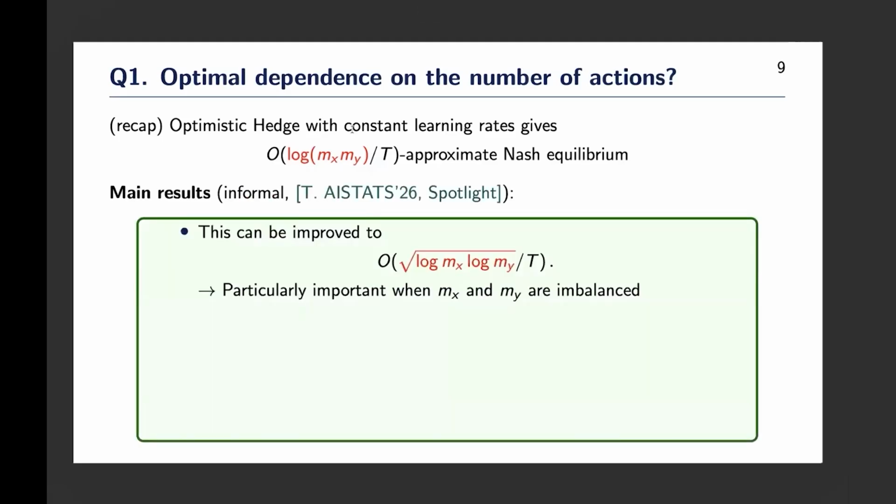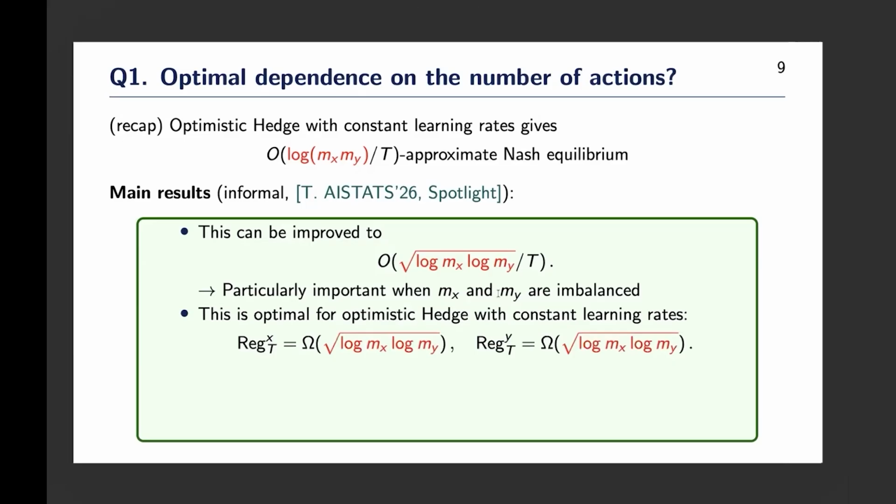And what we show recently is that this regret upper bound can be improved to the square root of log m_x times log m_y. This improvement is particularly important when log m_x and log m_y are imbalanced, for example, when the number of actions of X player is exponentially larger than that of the other player.